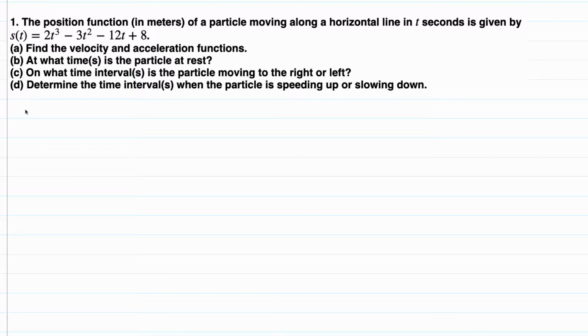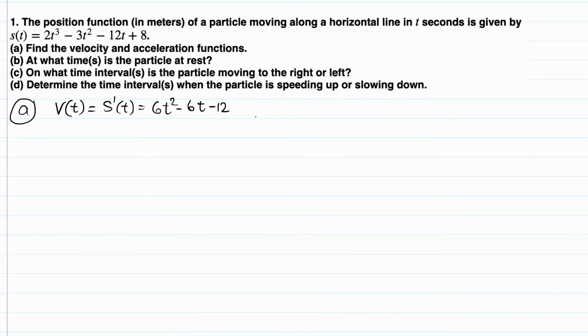So let's answer A. That should be pretty simple. The velocity, let's denote by v as a function of t, is the derivative of this with respect to t. Find the derivatives. That's 3 times 2, 6t squared minus 6t minus 12 plus 0.